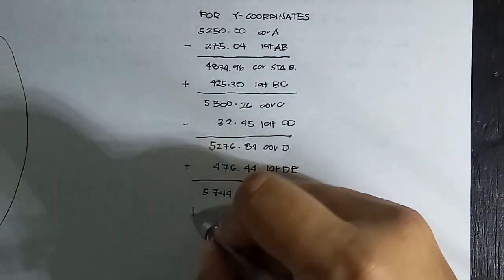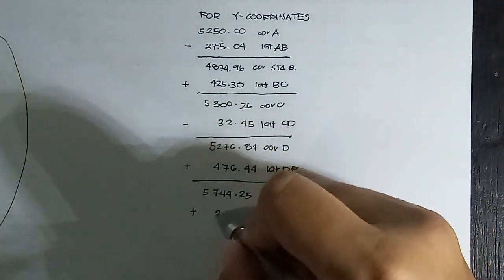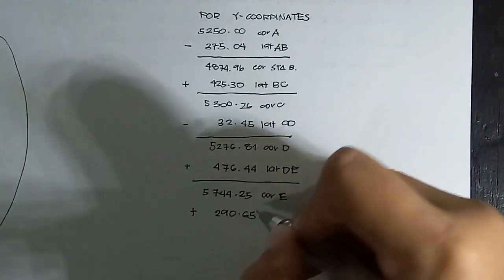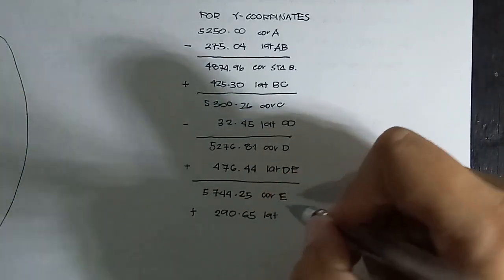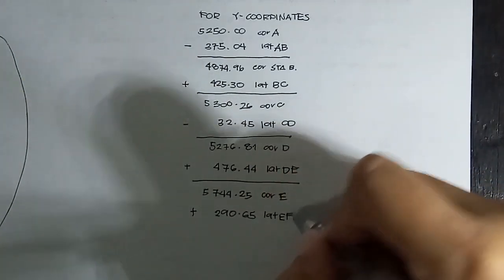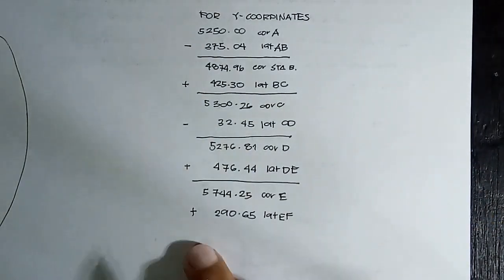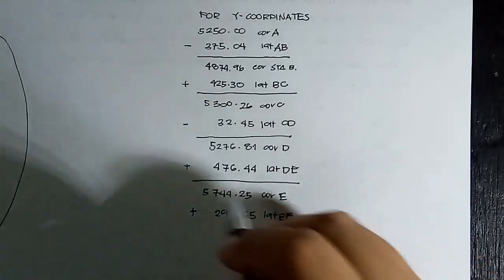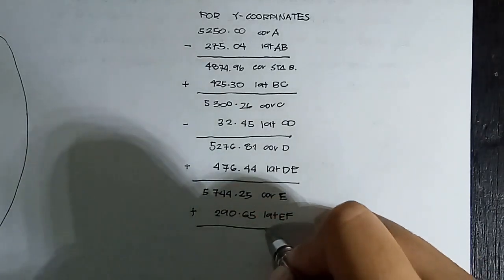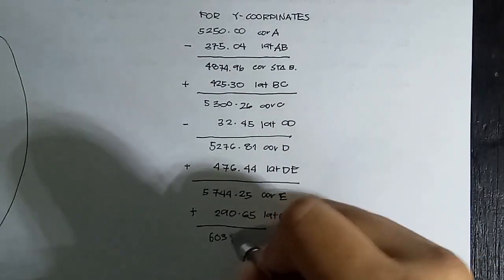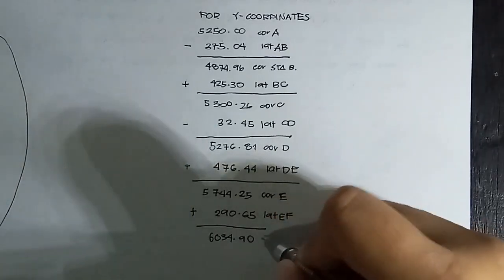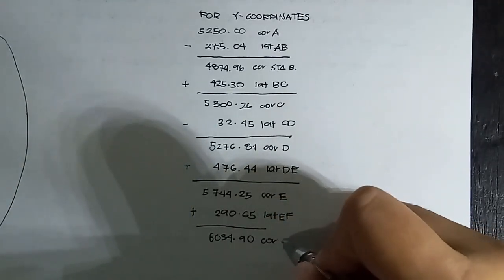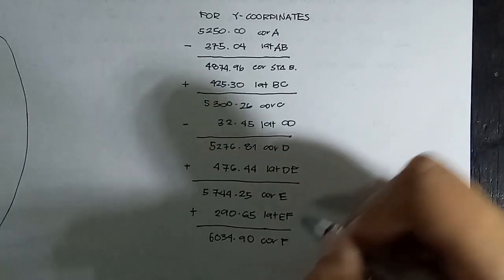So, plus 290.65 latitude ng EF. So, yung latitude ng EF plus yung 5,744.25, ang total niyan is 6,034.90. Corner coordinates of F.